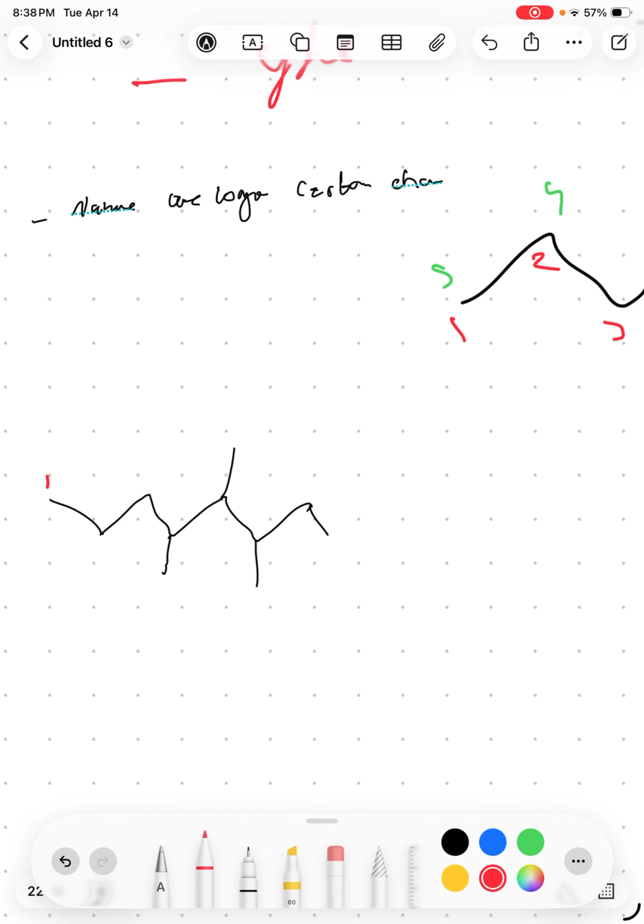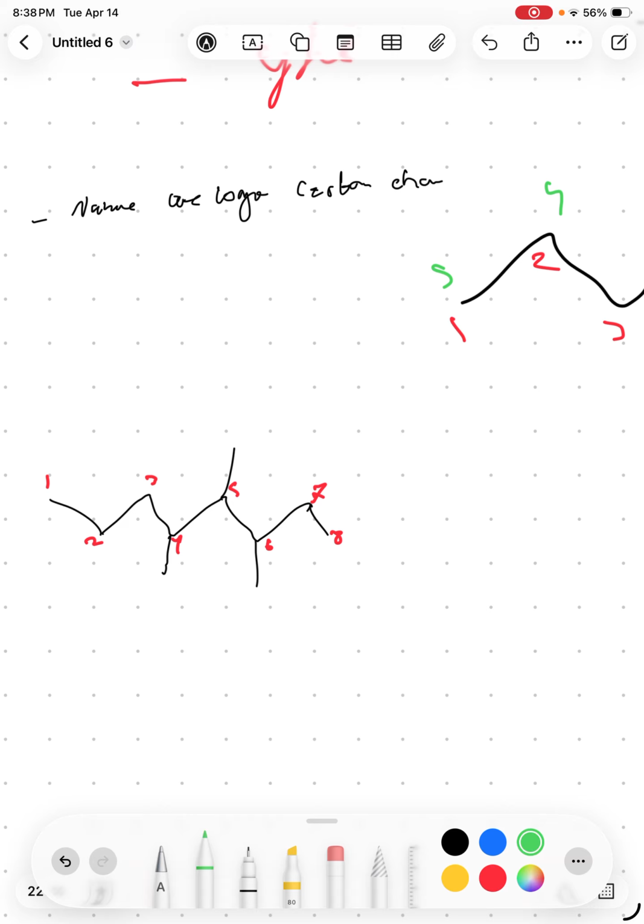I believe this is the longest: 1, 2, 3, 4, 5, 6, 7, 8. And how many substituents are around that? 1, 2, 3. Okay, 3.